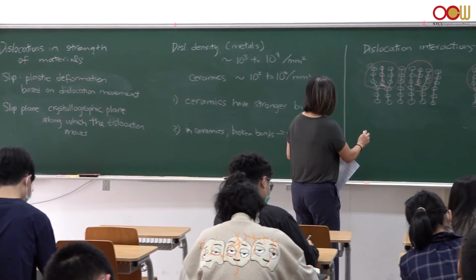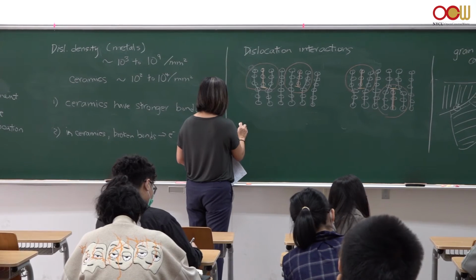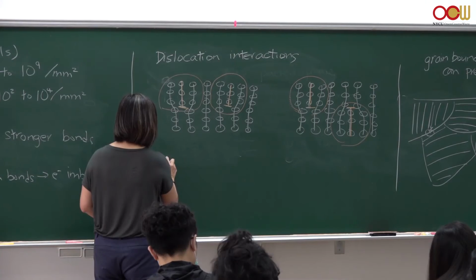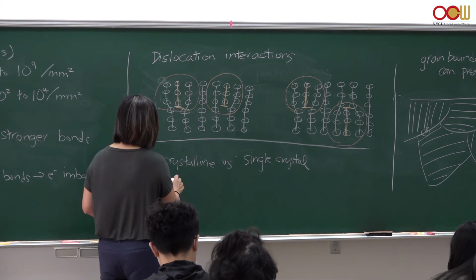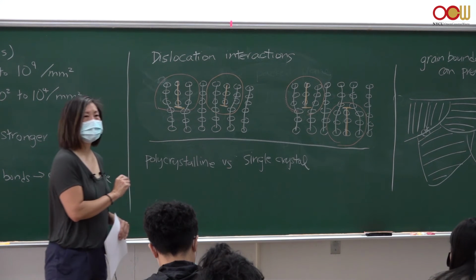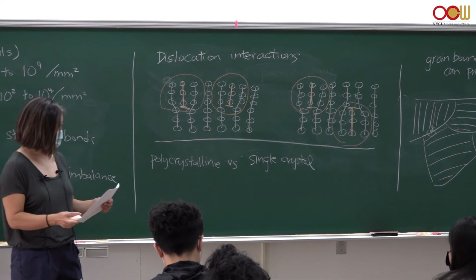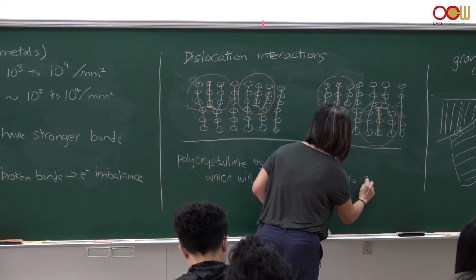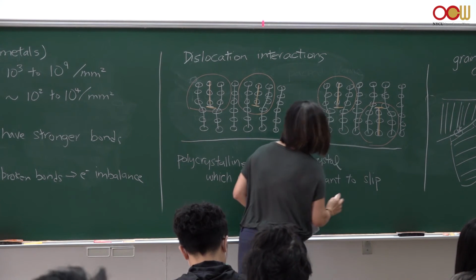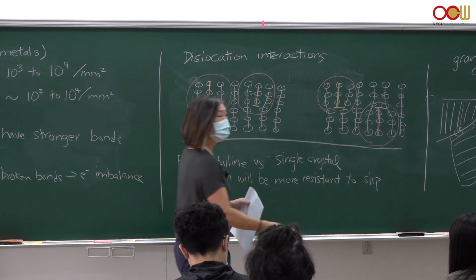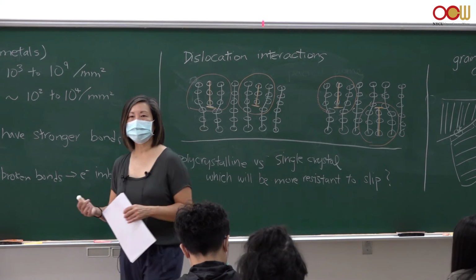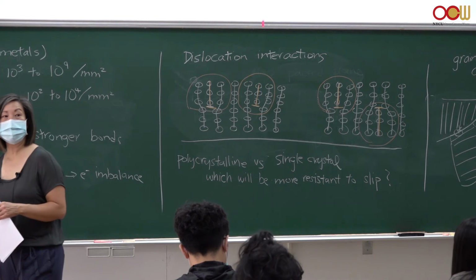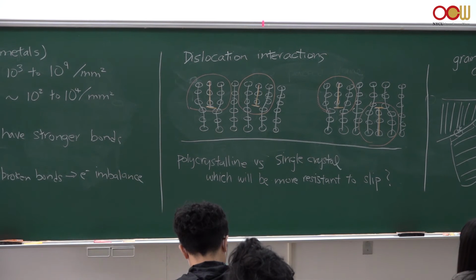So you have two materials, one is polycrystalline versus a single crystal. Which one do you think would be more resistant to plastic deformation? We assume that both have roughly the same number of dislocations, so they have similar dislocation density in the single crystal and the polycrystalline material.